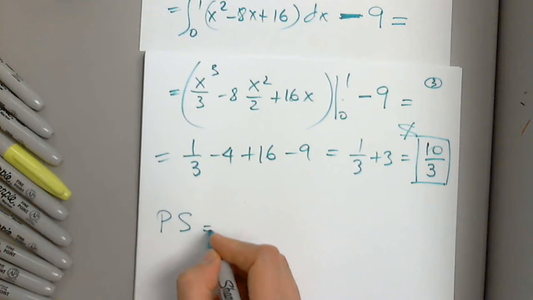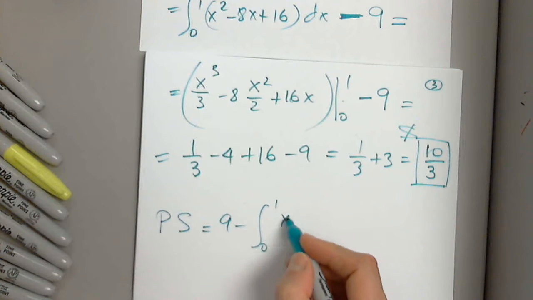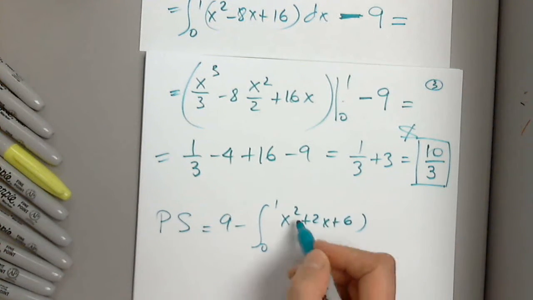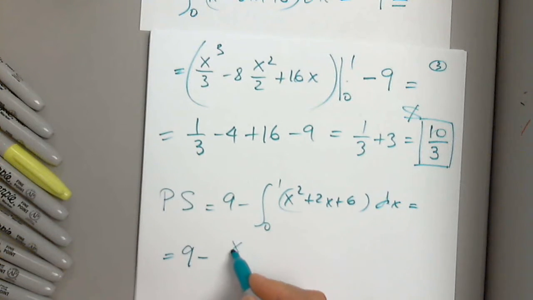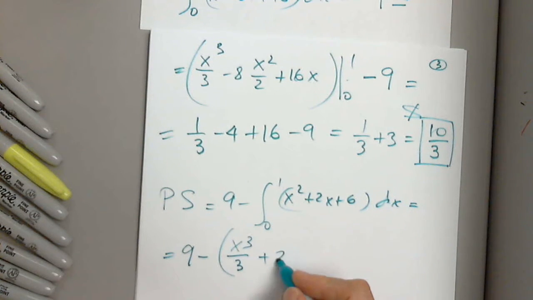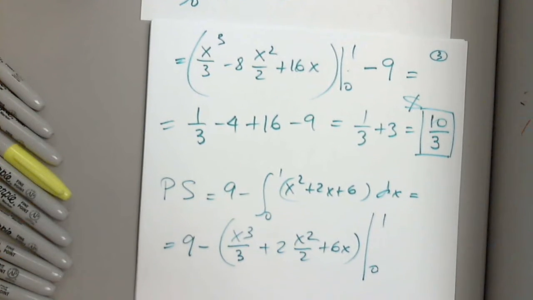Now, the producer surplus would be 9 minus the integral from 0 to 1 of x squared plus 2x plus 6 dx. Now we will see what we pay, but we're not really getting. That goes into their pocket. So there's 9 minus x cubed over 3. Let's put everything in parentheses. 2x squared over 2 plus 6x from 0 to 1.